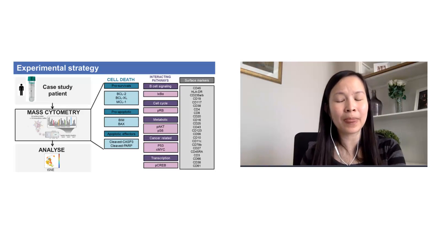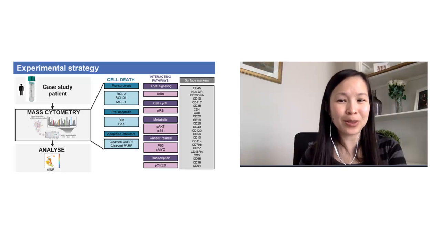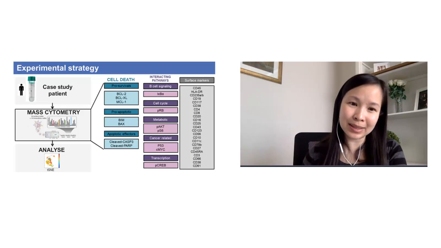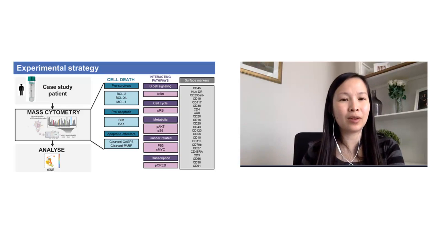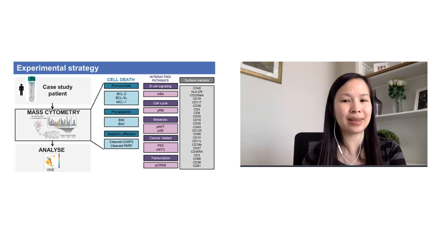So I would really like to think that when we got the patient sample and it was just a tiny bit of blood, we decided to run a very broad panel. So we looked at immune cells, which are surface markers here in gray. And it's because we wanted to know the nature of the cancer that was developing, because they were not typical CD19, CD5 cells. And then, of course, because the patient was on venetoclax, we looked at the cell death pathway.